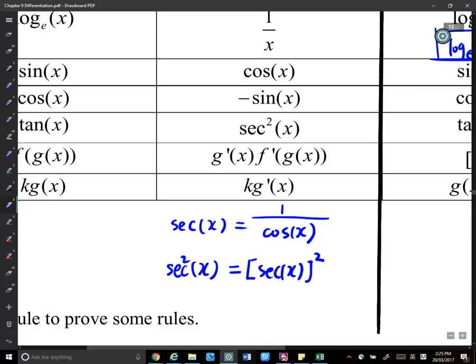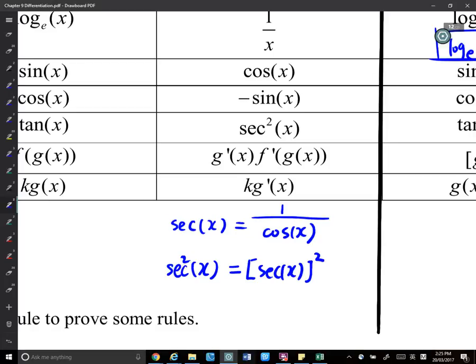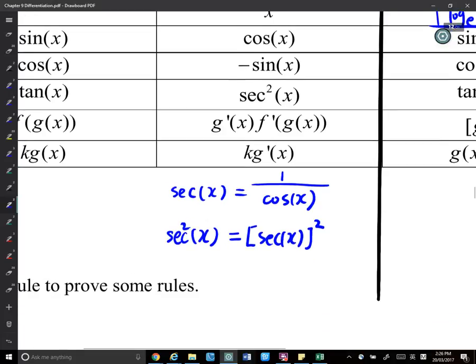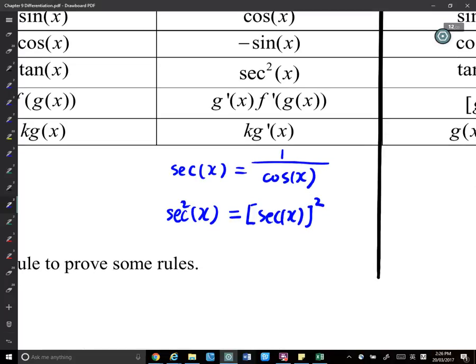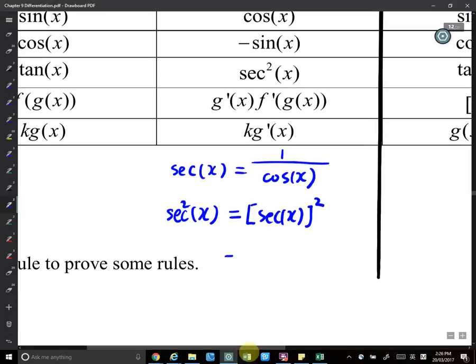For looking at it beautifully, you don't put the square after, you put the square in the middle of secant and x. It's just so it looks good, but it actually means secant x squared. So that equals 1 over cosine squared x.